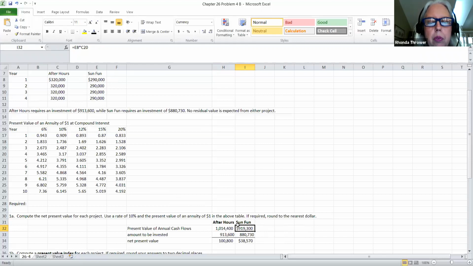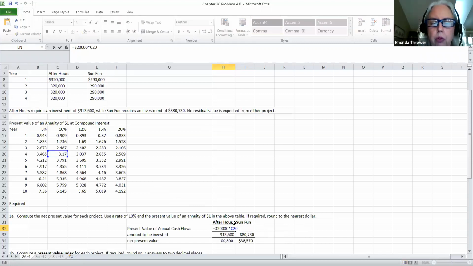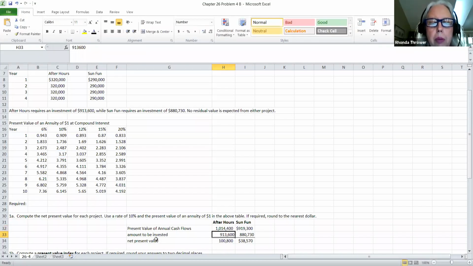You're going to compare the present value of those cash flows with the amount that's to be invested. The amount to be invested was given to you. After Hours requires an investment of $913,600, while Sun Fun requires an investment of $880,730.